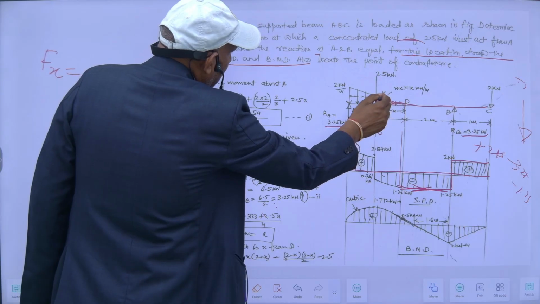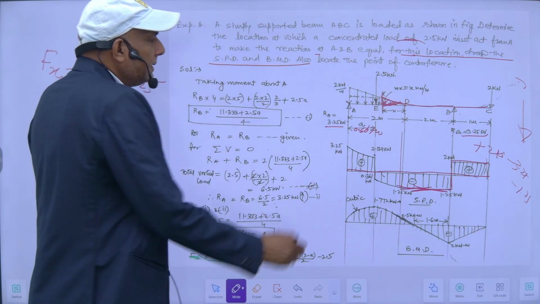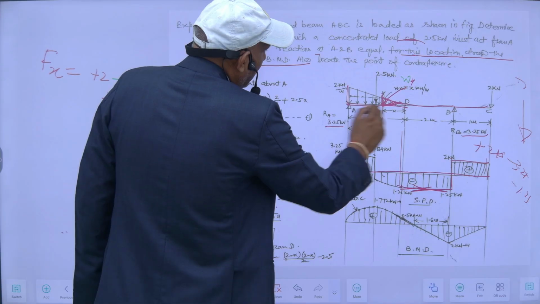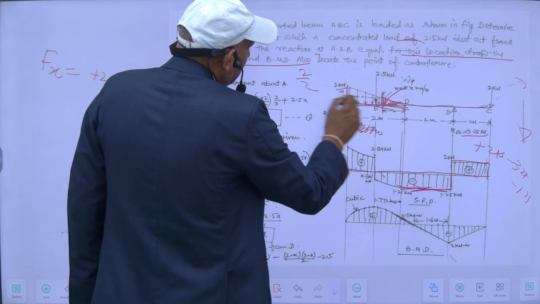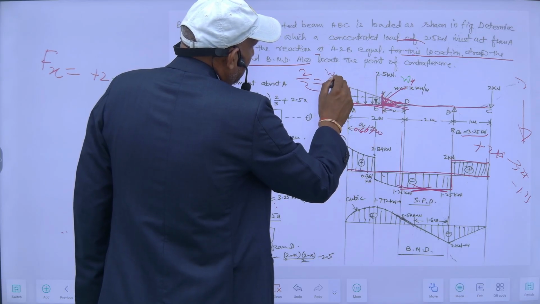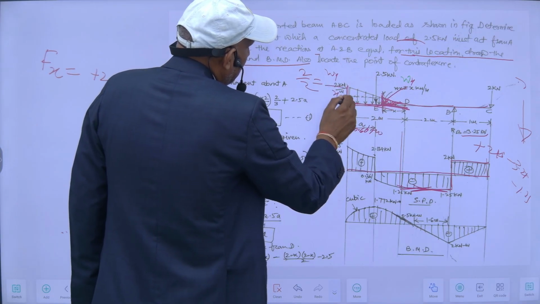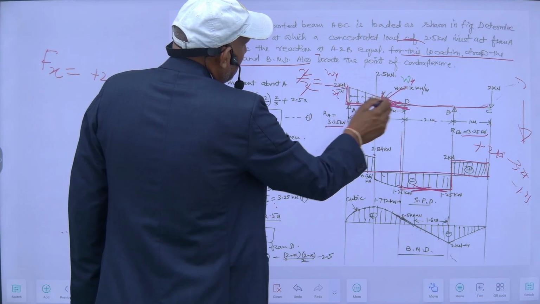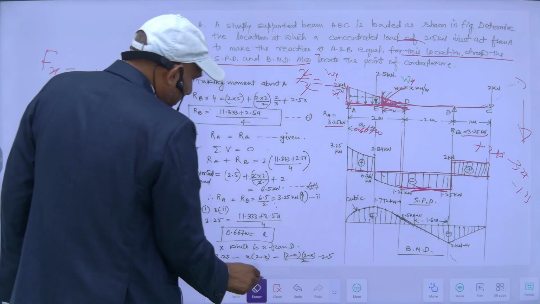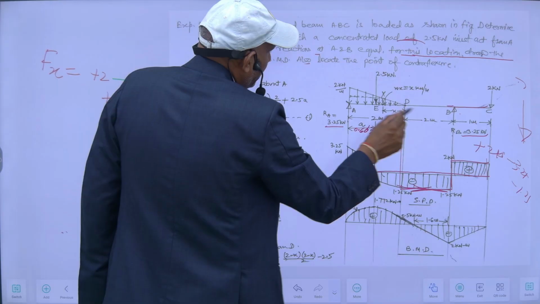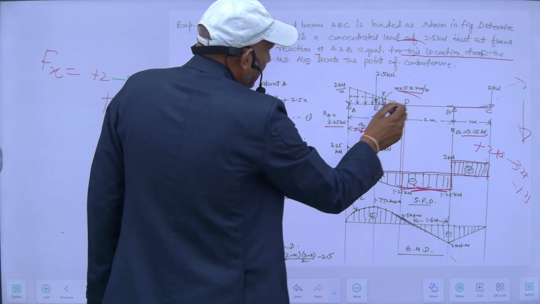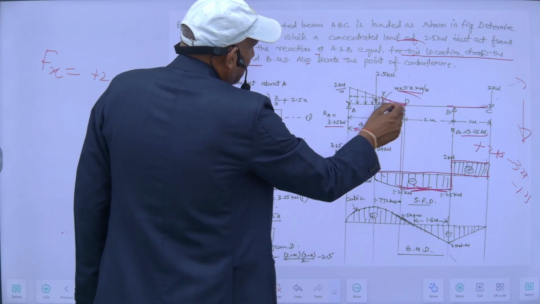The area of this triangle: at the loading intensity it is 2 by 2, and if this is x, Wx upon x, so Wx is equal to x. So this intensity is x kilonewton per meter. The shear force here will be the area, so I will add this area.